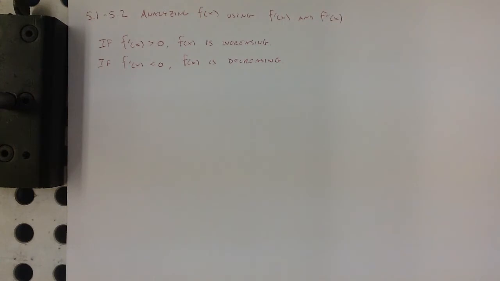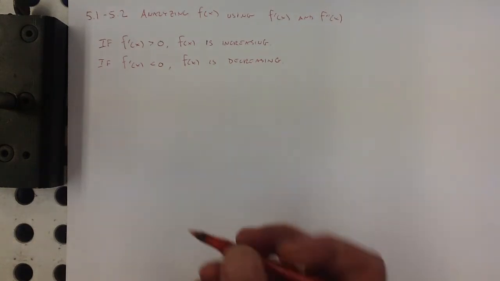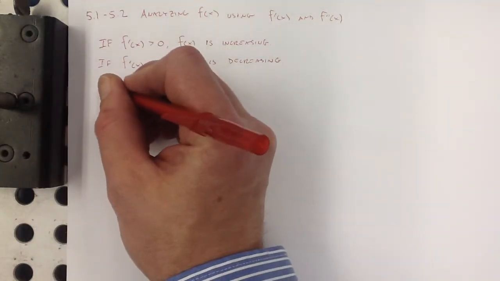Excuse me. Now, what about if it's 0? I mean, this is greater than 0, that's less than 0. What if it actually is 0? Well, this will be our first definition here.